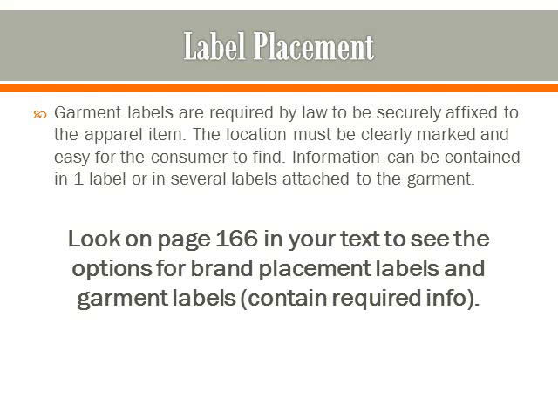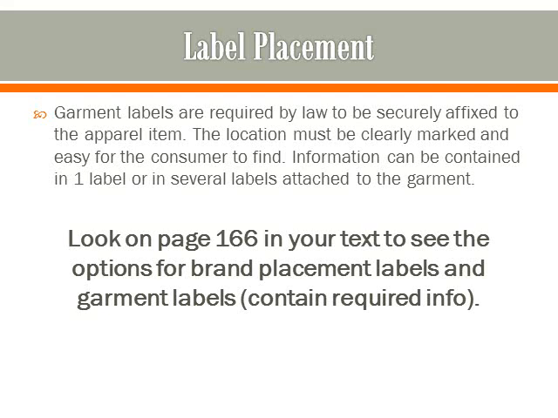Okay, label placement. Garment labels are required by law to be in the apparel item. The location should be clearly marked and easy for the consumer to find, and designers or product developers have the choice that they can put all the information on one label, or they can put it in several labels, which is gaining a lot of popularity.